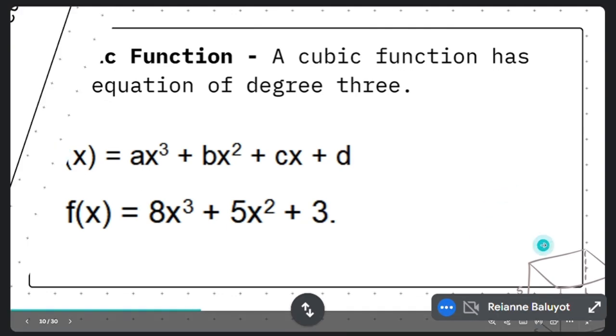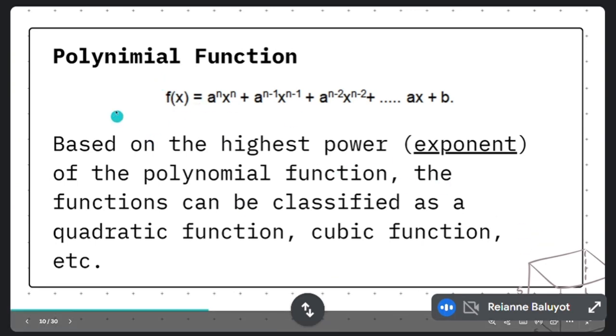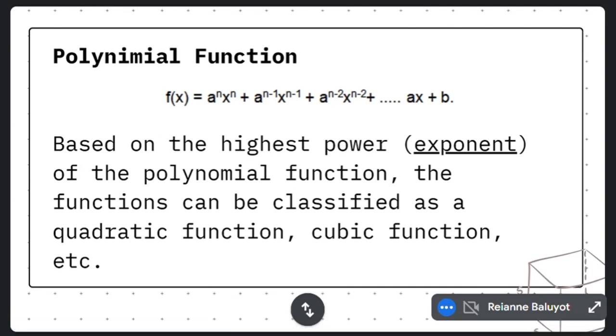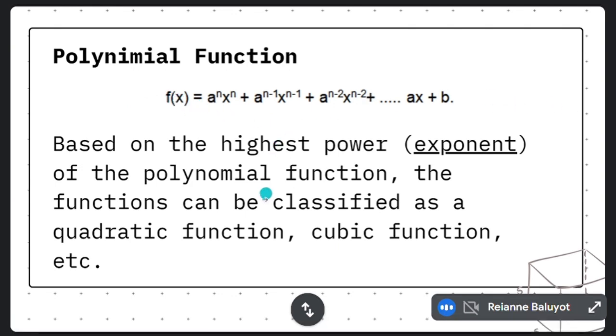Alright, next, we have here a polynomial function. So we have here a long general form, and based on the highest power or the highest exponent of the polynomial function, the functions can be classified as quadratic function, cubic, and etc. This type of function exceeds the highest degree of 3.